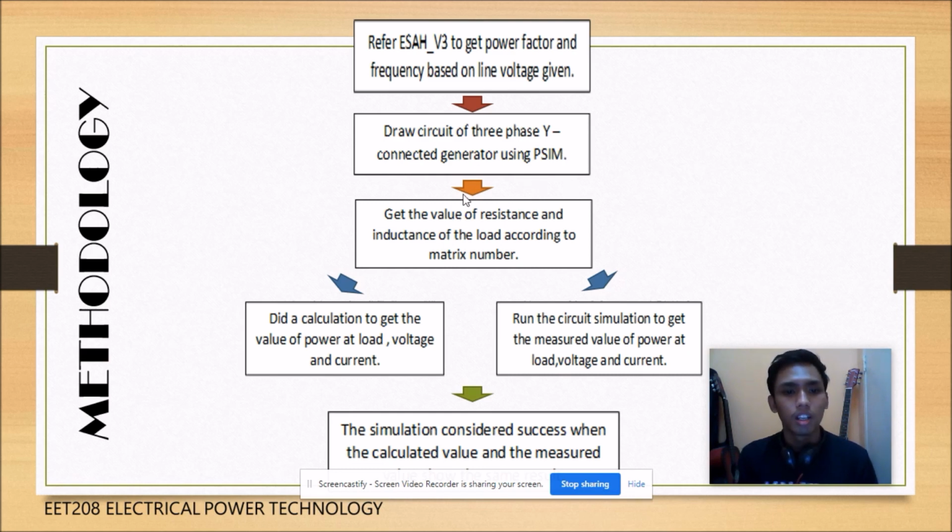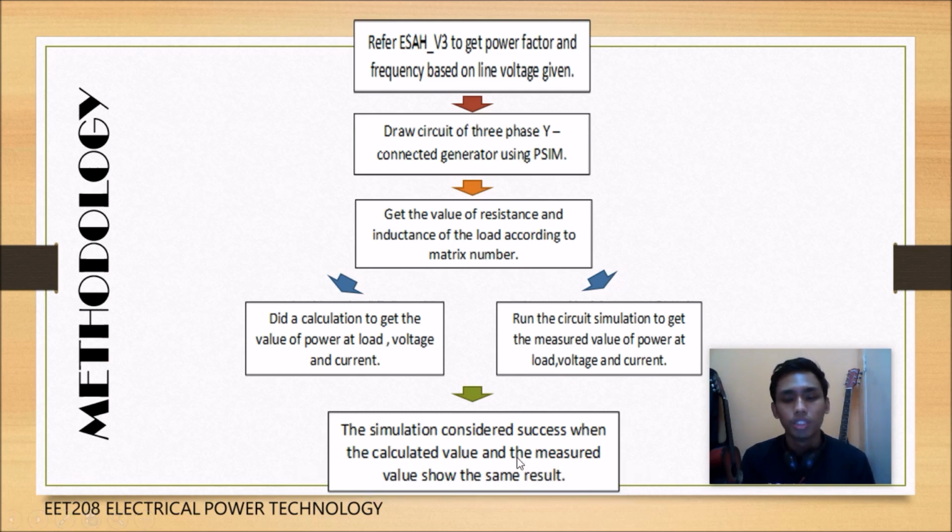Then I did calculations to get the values of power at load, voltage and current, and then ran the circuit simulation to get the measured values of power at load, voltage and currents. The values of the simulation and calculations will be compared and recorded in the database. The simulation is considered successful when the calculated value and the measured value show the same result.